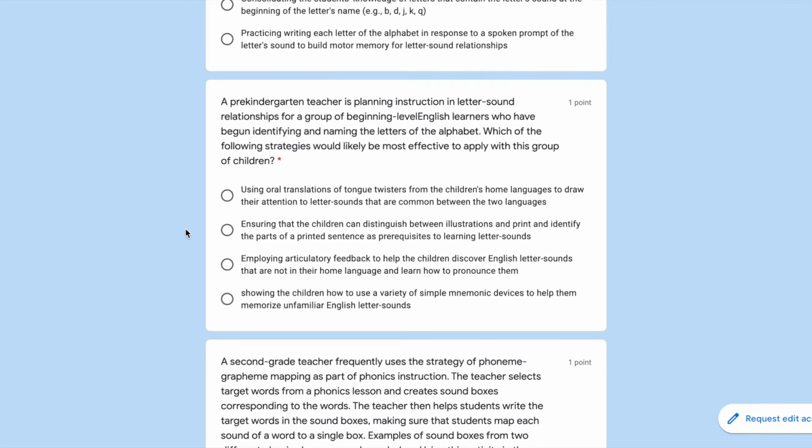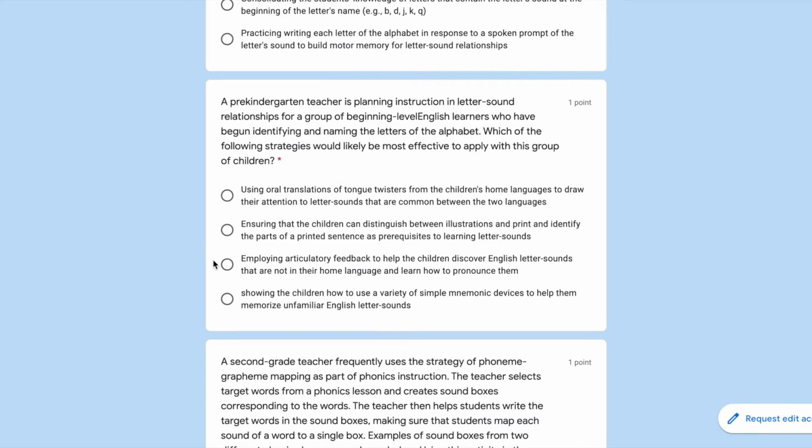And letter C, employing articulatory feedback to help the children discover English letter sounds that are not in the home language and learn how to pronounce them, showing the children how to use a variety of simple, phonemic devices to help them memorize unfamiliar English letter sounds.